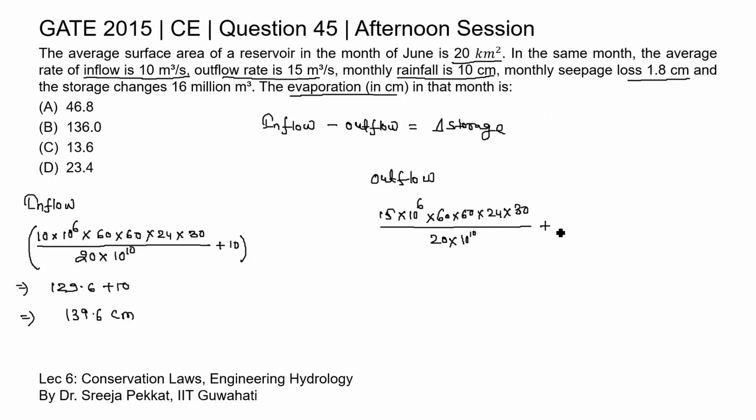So, plus 1.8 plus evaporation. Let evaporation be E. So, this is total outflow.